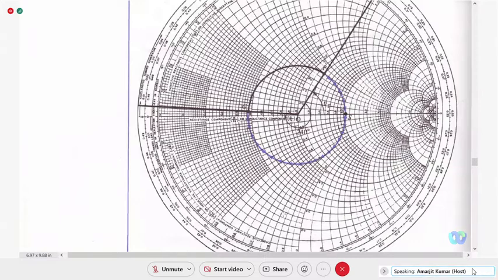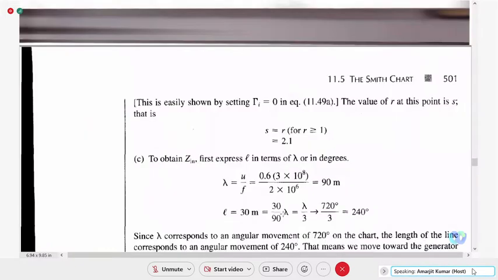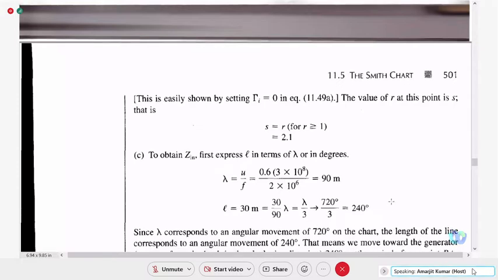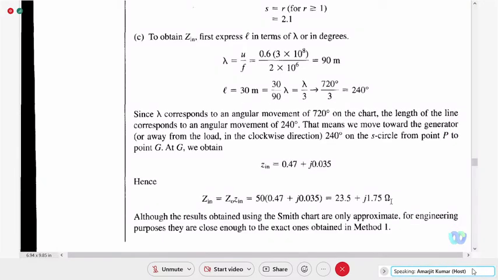How much do we have to move? Lambda by 3 distance. Lambda by 3 means how much angle? Lambda means 720 degree, so lambda by 3 means 240 degree. Then we will get the normalized input impedance. See here, 30 meter means 240 degree. So 240 degree we have to move.